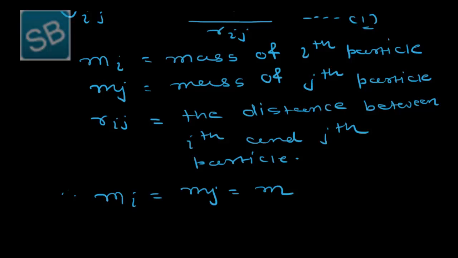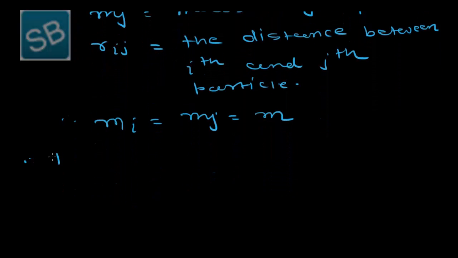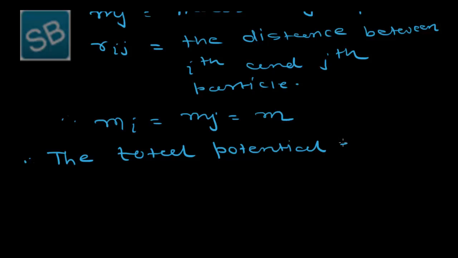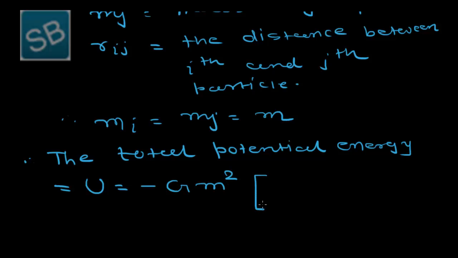And therefore, the total potential energy which I will get, denoted by capital U, is equal to minus G m square into the bracket summation over i, and remember that you have to consider i is less than j so that the distance should be positive, 1 over rij.